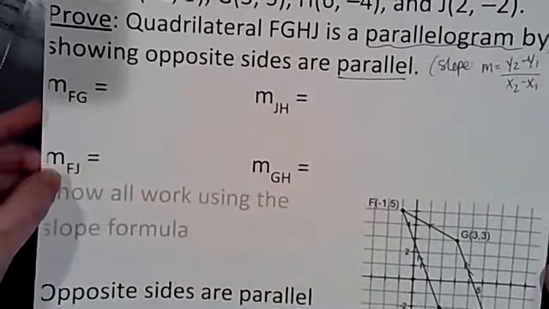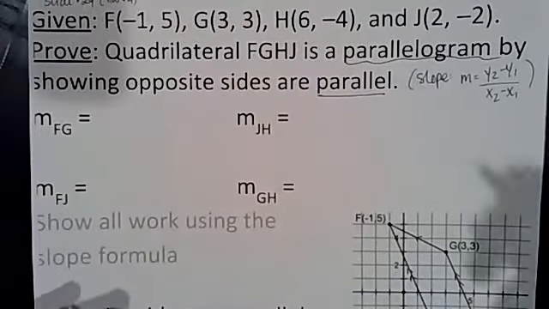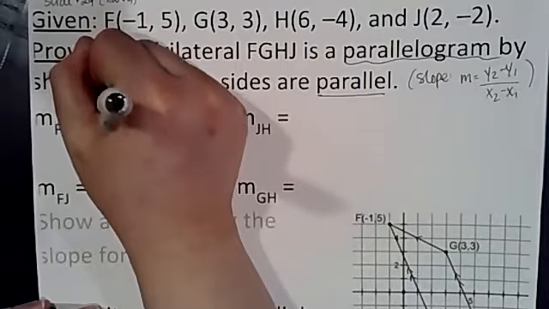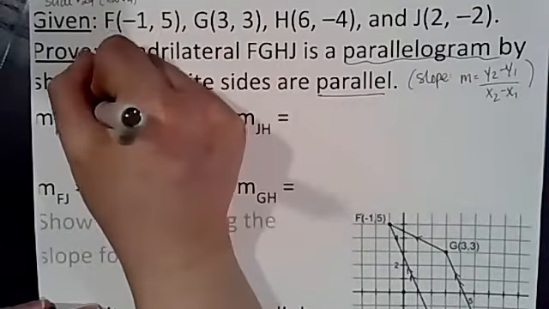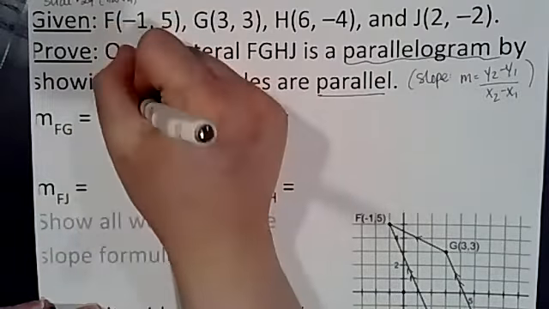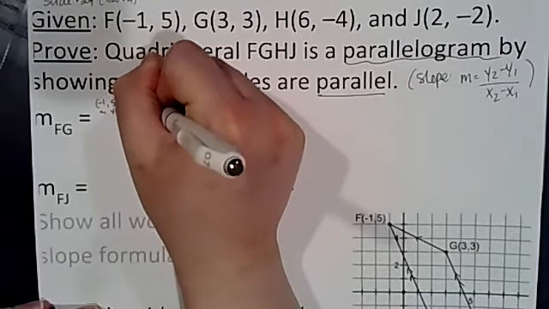I'm going to identify always my X1, Y1, X2, Y2. Since F is listed first, I'm going to write -1, 5. That's my X1, Y1. And G is listed second, so that's 3, 3, my X2, Y2.